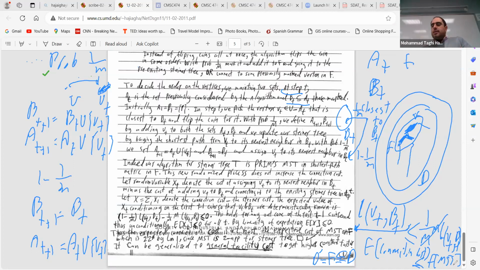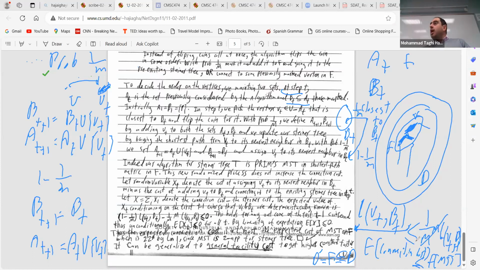I will sum it over all these steps. So it means that the total connection cost that I will pay is at most the expected minimum spanning tree cost. So this is the MST cost essentially in B.